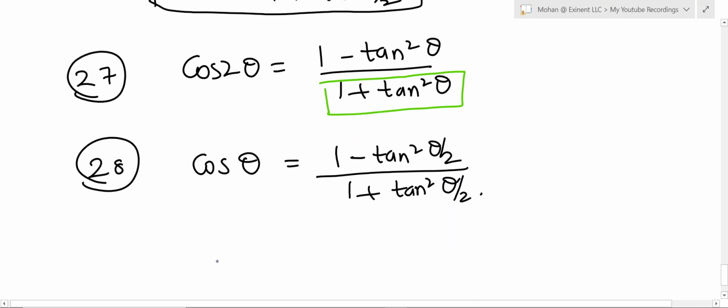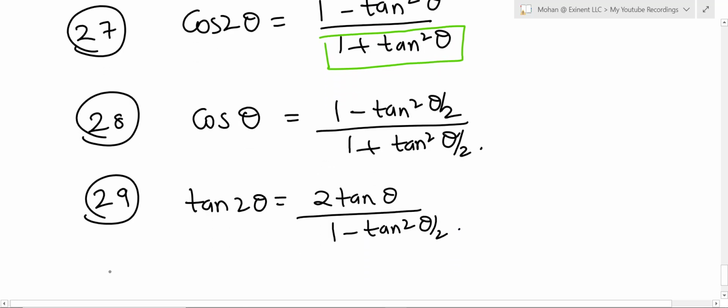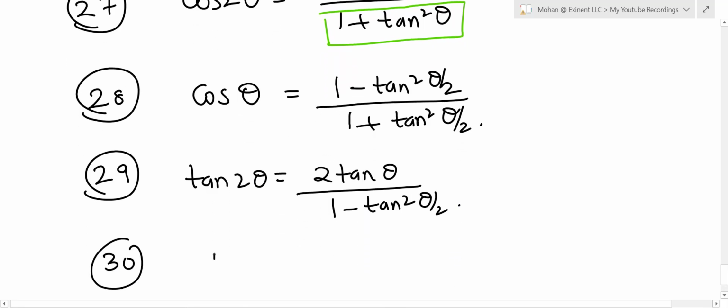What if I wanted to write tan theta in terms of tan theta by 2? Tan 2 theta is how much? 2 tan theta divided by 1 minus tan square theta, right? So tan theta will become 2 tan theta by 2. Whenever 2 theta is there, we are getting an angle of half of 2 theta.